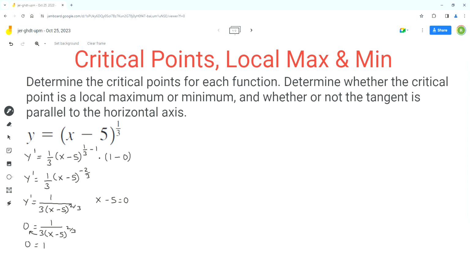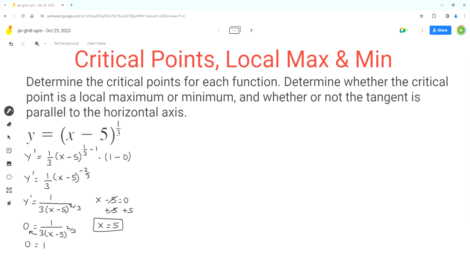So if we isolate x in this equation, we add 5 to both sides. The 5's on the left side get cancelled out. So x equals 5. So this is a critical number for this function because at x equals 5, the denominator becomes equal to 0 and as a result, y prime becomes undefined.